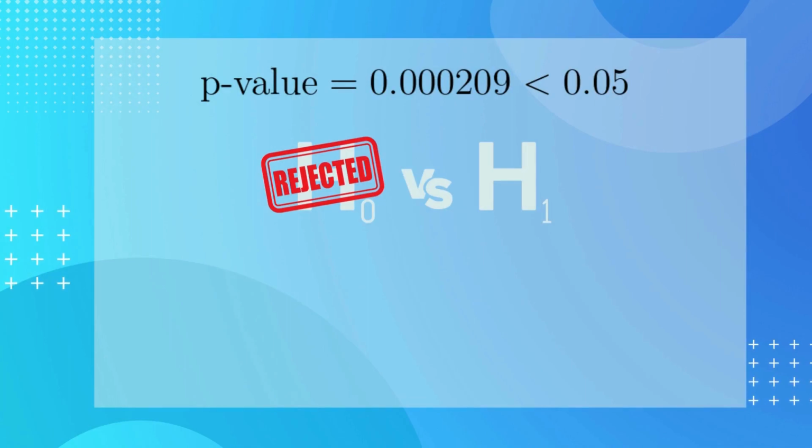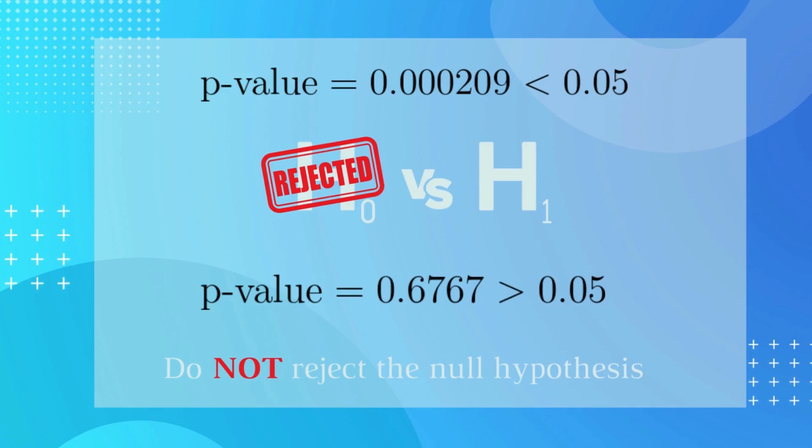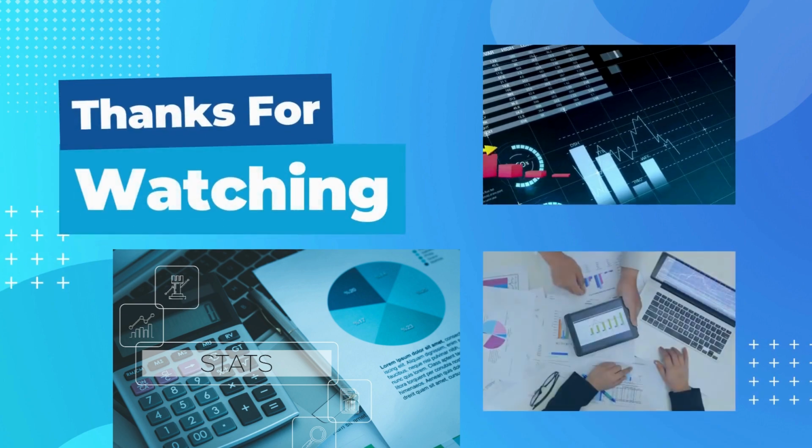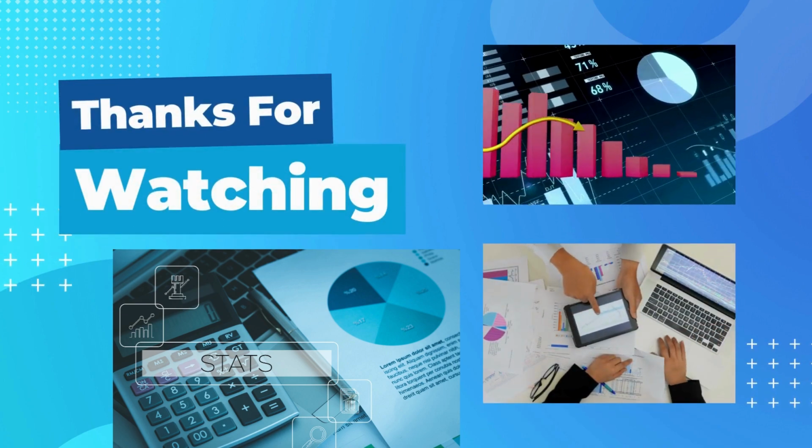In the one-sample z-test, we found the p-value to be less than 0.05, which led us to rejecting the null hypothesis. On the other hand, in our one-sample t-test example, we found a p-value that was greater than 0.05, which led us to a different conclusion to not reject the null hypothesis. I hope this helps you to better understand hypothesis testing.